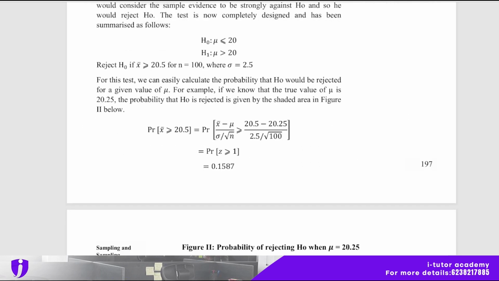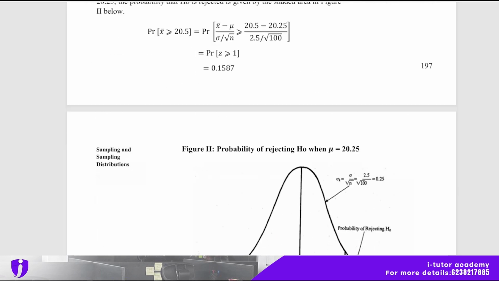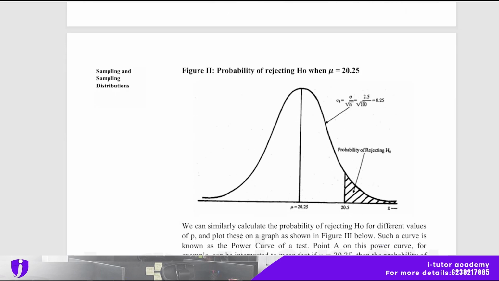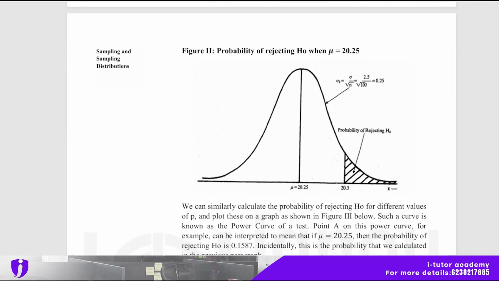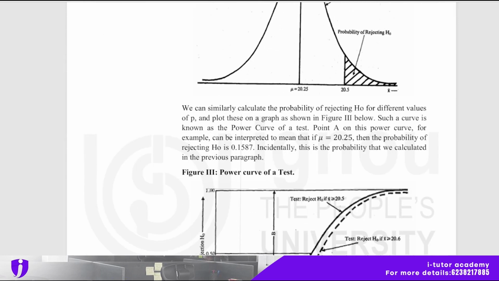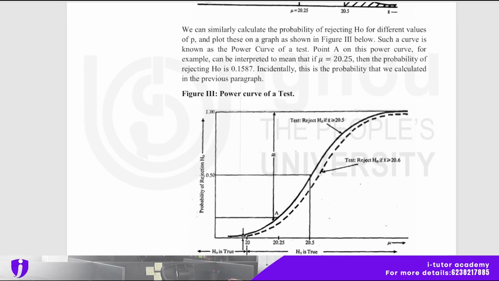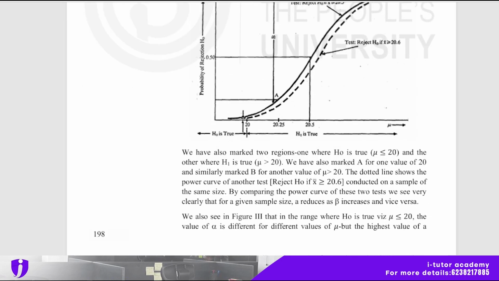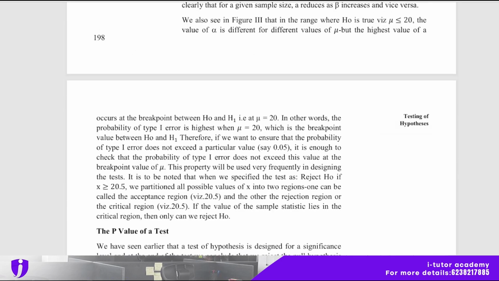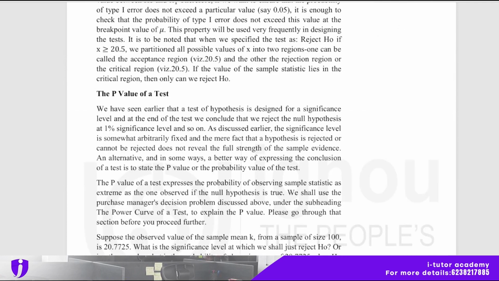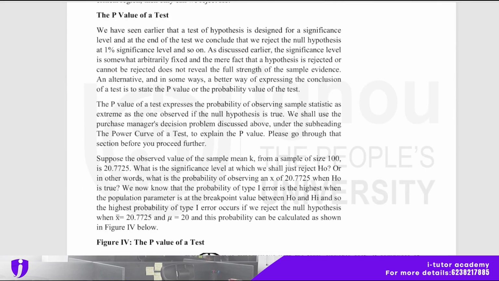And here is an equation based on the probability of rejecting H0 when the mean is equal to 20.25. This is like a chart, and figure 3 is also here. The power curve of a test is like this, and you just refer to your IGNOU material, and through the chart and equations it will be more clear.